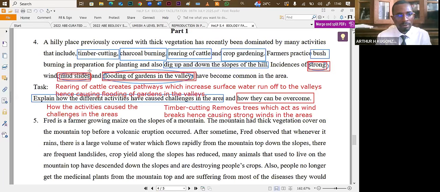Then mudslides can also be caused by digging or crop gardening. So I can also say that practicing good methods of farming like cover cropping minimizes the speed of running water, to prevent instances of mudslides and also flooding of gardens in the valleys.